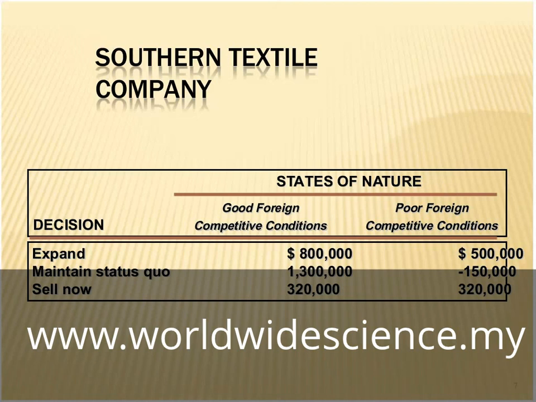He wants to make a decision based on these factors, the foreign competitive condition, because in his country, or in her country, there are some foreign companies that are competing together in the market, and also they are competing with foreign companies that are exporting their products to their country.